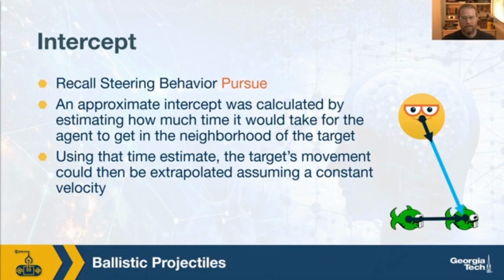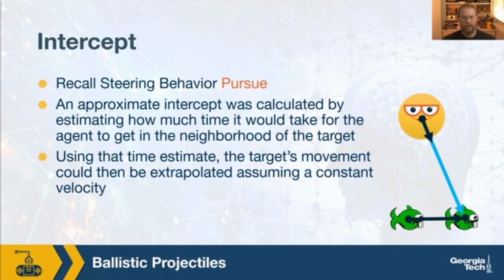The way this worked was we would determine a time that the intercept would occur. So we solved for t, but did so in an approximate way. We figured out the distance from the agent to the target that's moving, and based on that relative vector, the magnitude, we could divide it by the speed at which the agent is going to move.